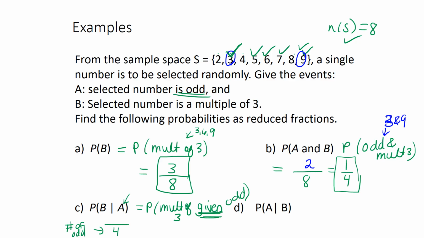Now we want a multiple of 3 given that it's odd. So of our odd numbers, 3, 5, 7, and 9, we want to know how many of them are multiples of 3. We're already only looking at the odd numbers. There are 2 of the 4 that are multiples of 3, which reduces to 1/2.